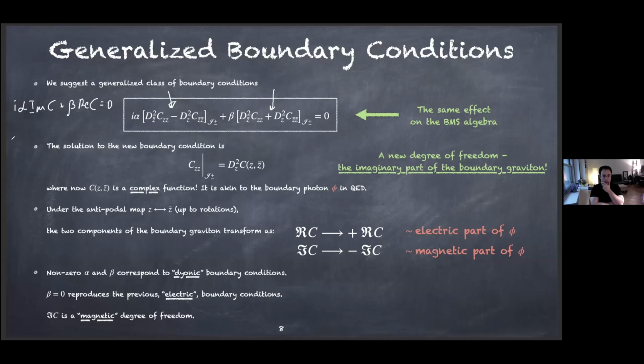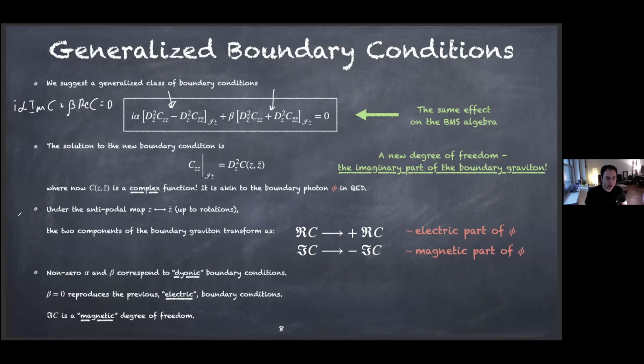So first of all, the boundary graviton is analogous to the boundary photon in QED, and from this analogy, we can already understand the meaning of this new degree of freedom. The boundary photon in QED has two components, the electric and magnetic components. And with this analogy, we can now understand the new degree of freedom. So I will use the parity, or the transformation law, of these 2 components under the antipodal map to understand the physics.